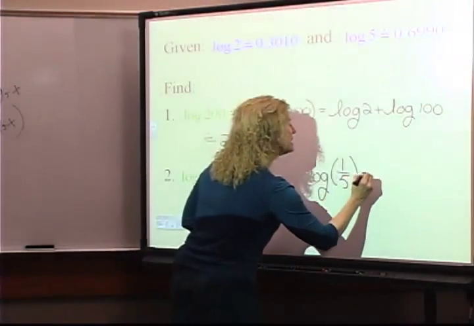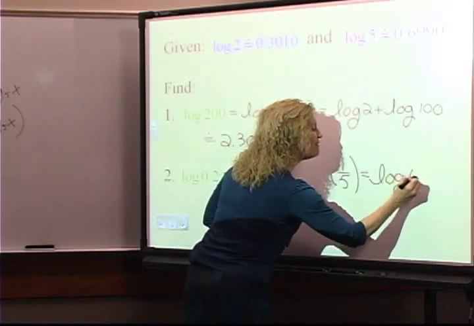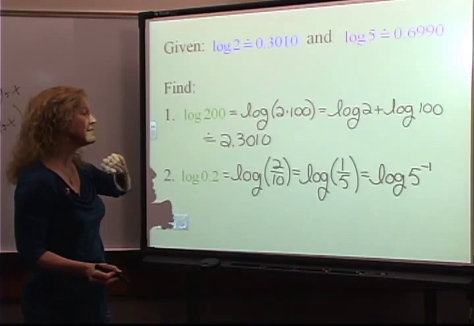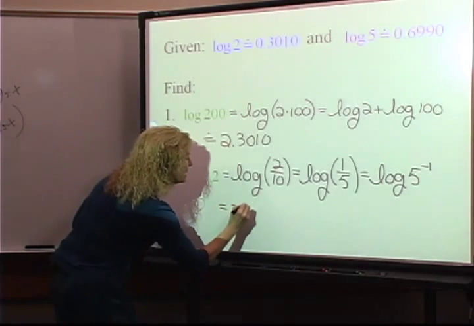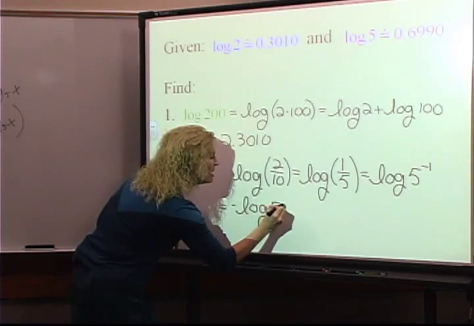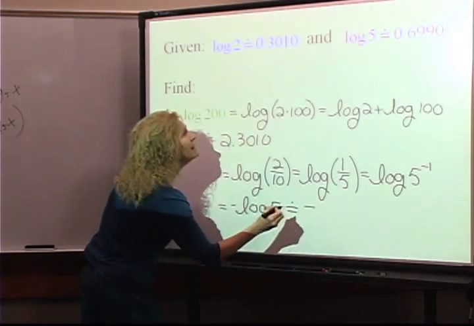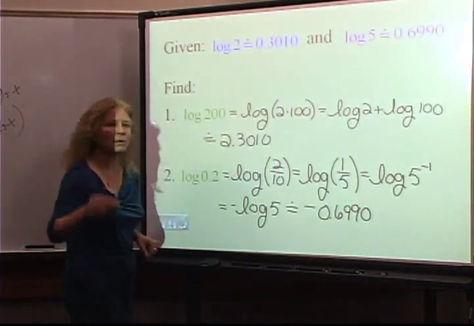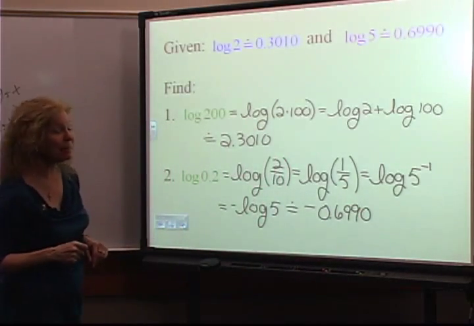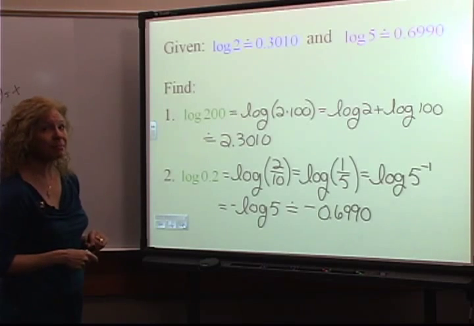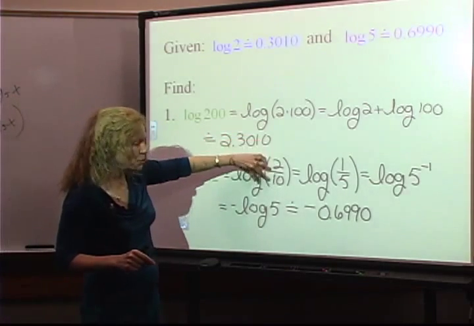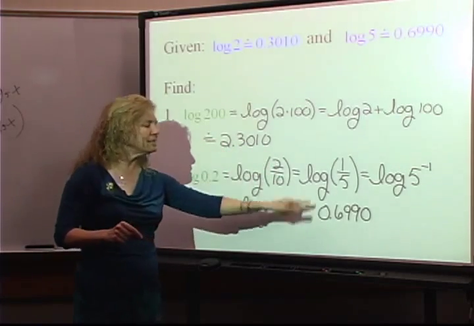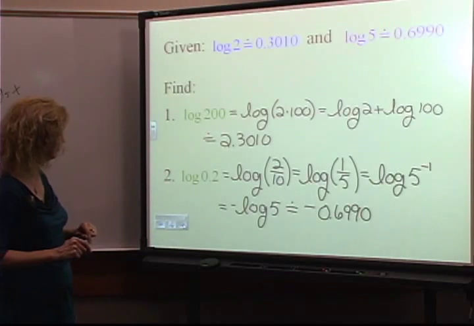Which would be the same as the log of 5 to the negative 1 power. Because see, I told you what log of 5 was. So that would be negative log 5. And so it's approximately negative 0.6990. Grab your calculator and check that out. That's what you should be seeing. Now, by the way, if right here you separated that into subtraction, you go right ahead and you should get to the very same answer. Okay?